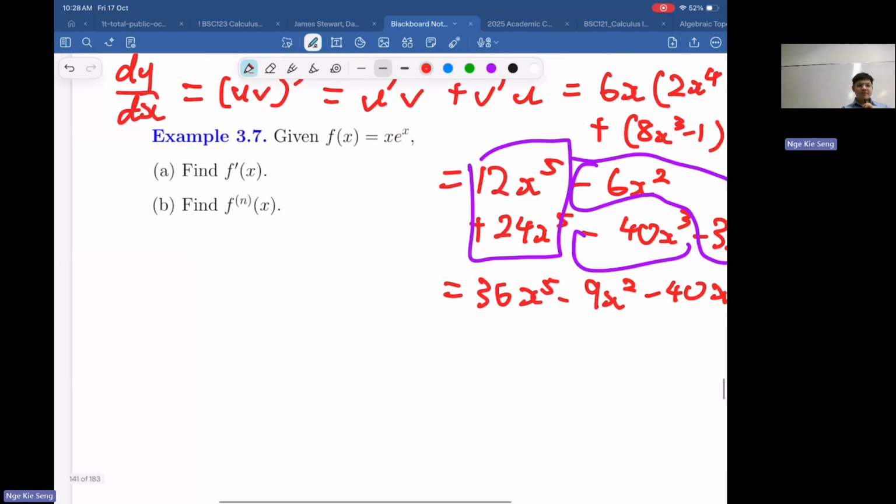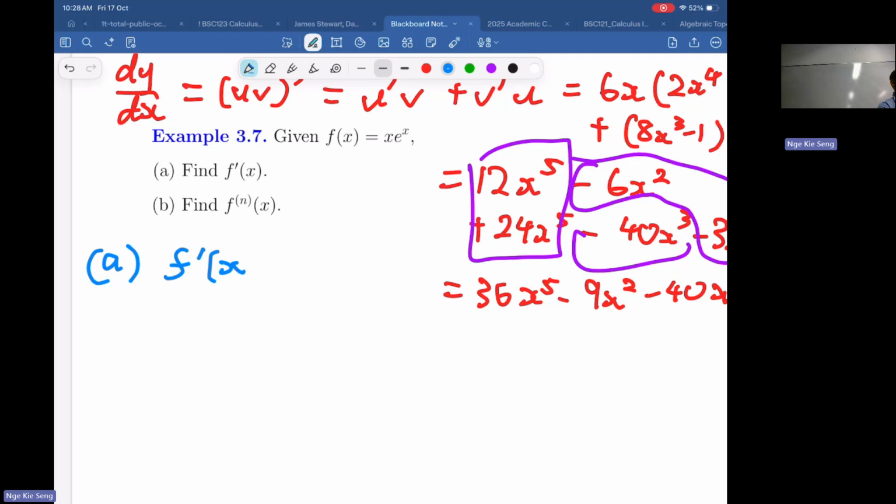Okay, so how about 3.7? How to do this? Can you realize that f(x) is a product of two basic functions? One of them is x, the other is e to the x. If you want to differentiate, what can you do?